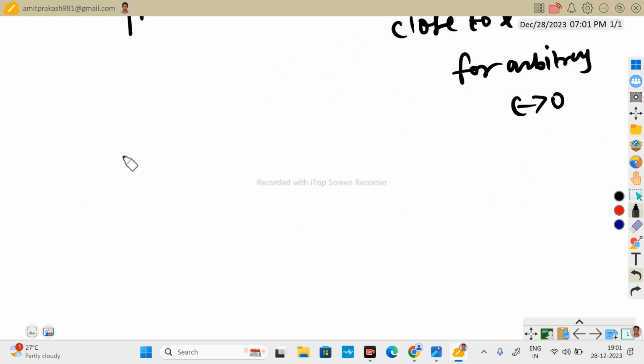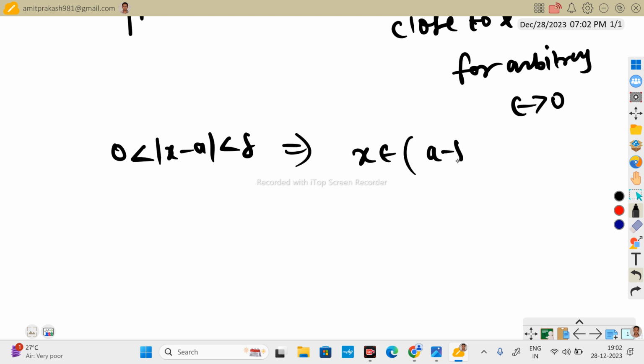Again, what is meant by 0 < |x - a| < delta? This implies that x lies in the deleted neighborhood of a. By deleted neighborhood of a, we mean that we exclude the value a itself. This means x belongs to (a - delta, a) union (a, a + delta).